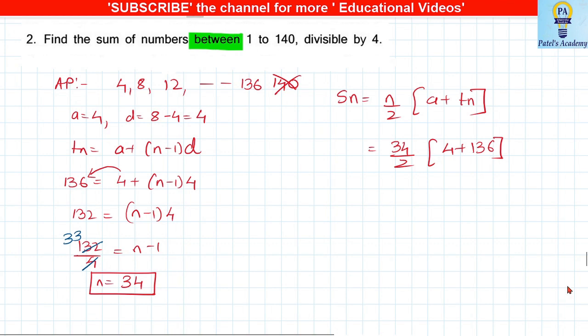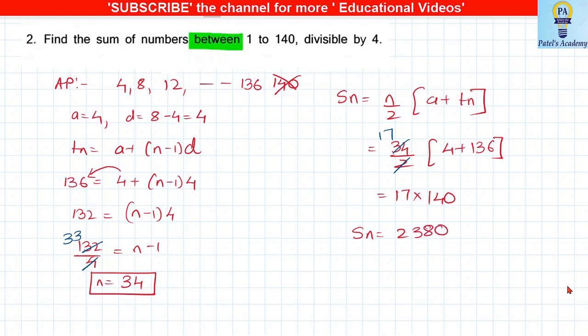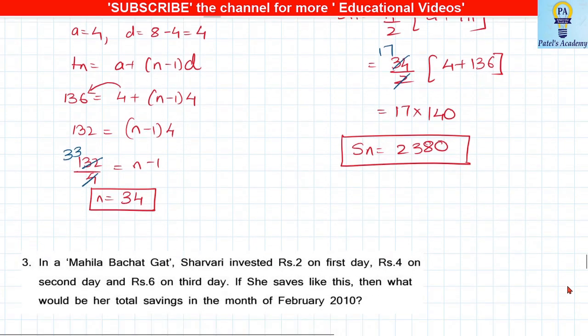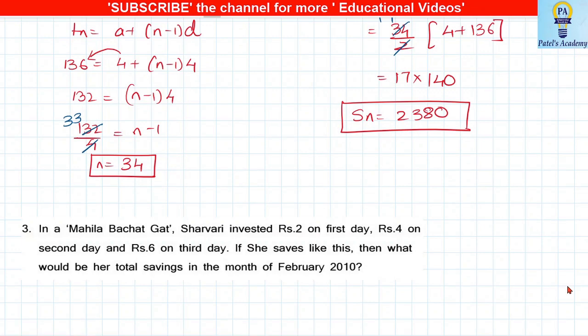So this will reduce to 17 into 140. So we get the answer as Sn equals 2380. 2380. The same sum was there in the activity.